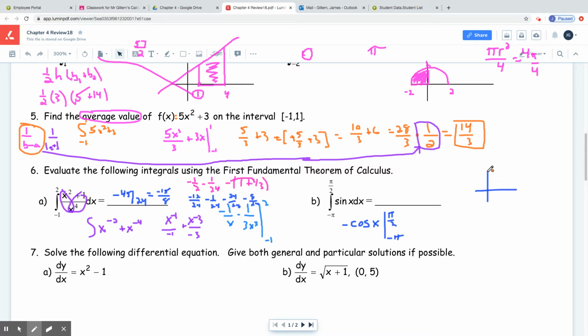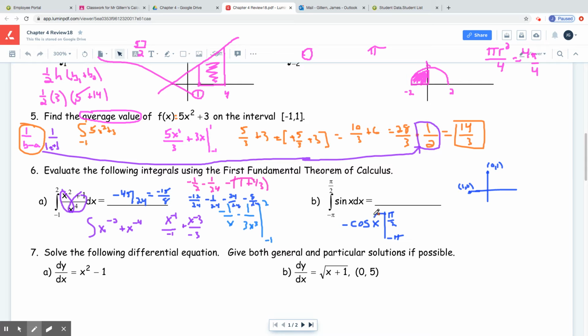Pi over 2 is up here, which is at 0, 1. And negative pi is over here, which is at negative 1, 0. And cosine is x.